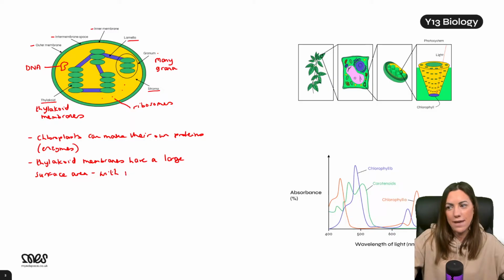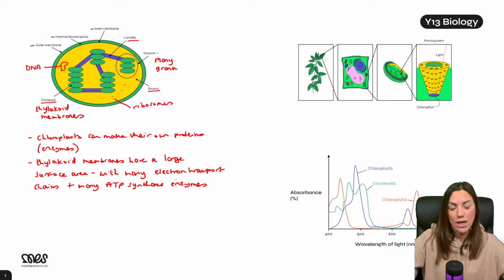So what we can say, being a little bit more specific, the thylakoid membranes have a large surface area. On that surface, there are many electron transport chains and many ATP synthase enzymes. And both of those things are really important for the light-dependent reaction. It involves an electron transport chain. It involves the ATP synthase enzyme to manufacture ATP.